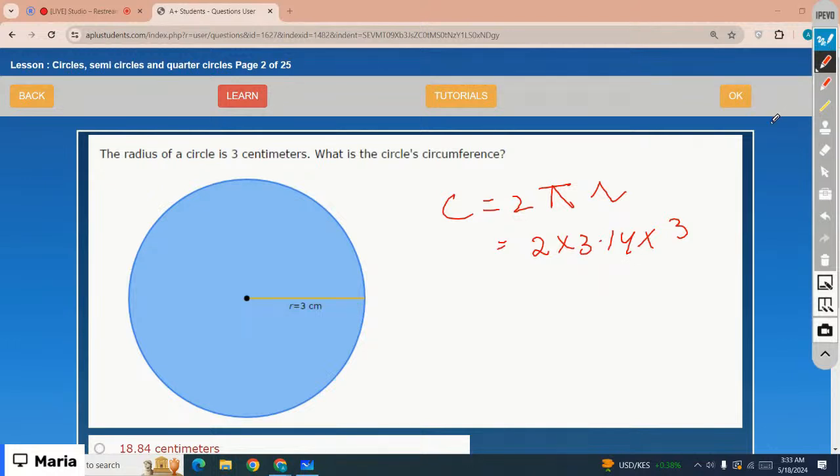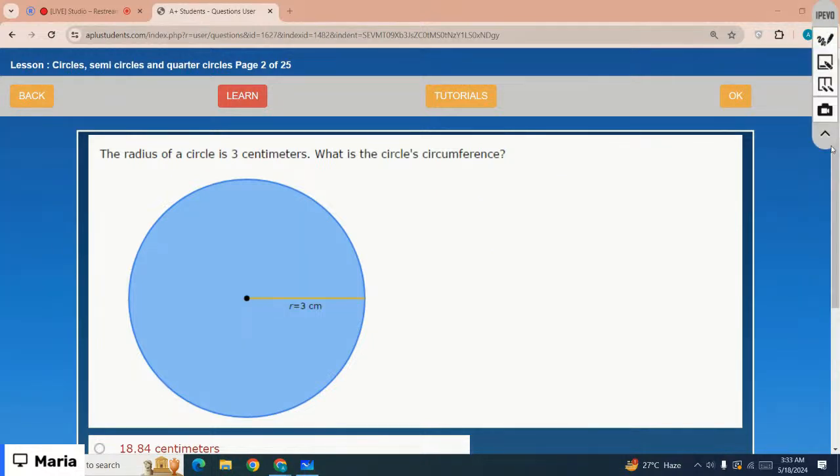So the perimeter for the other shapes and the circumference for the circle are exactly the same. The correct option is 18.84.